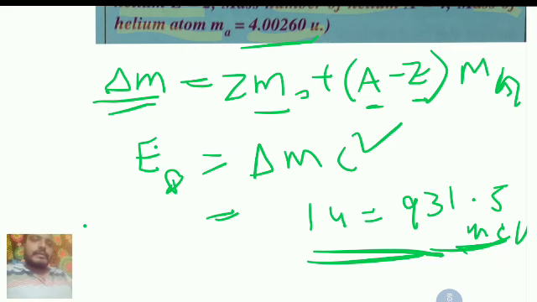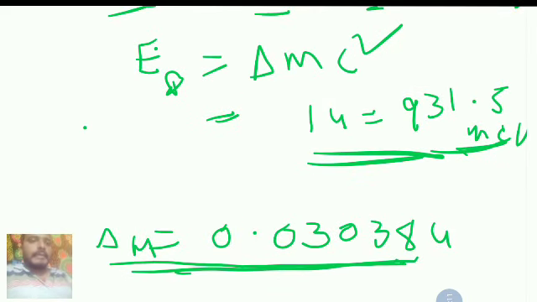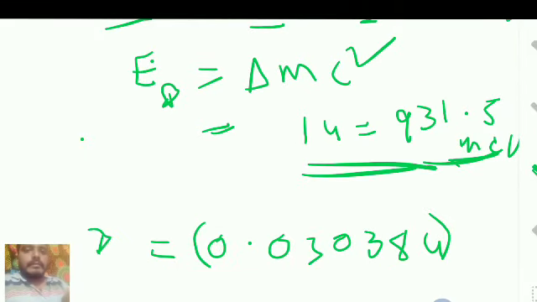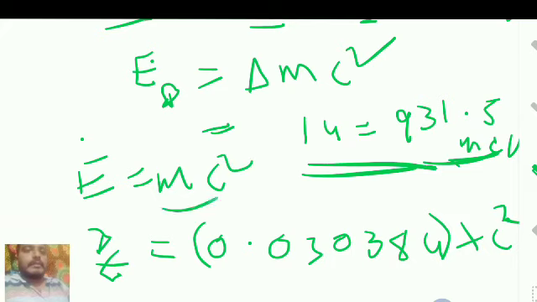So 1 unit, then binding energy, E is equal to mc square. So multiplying this one, we get the answer after solving.